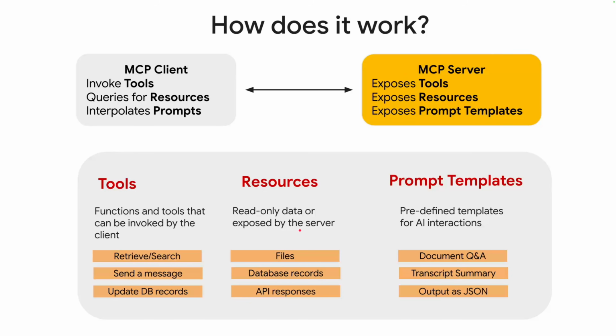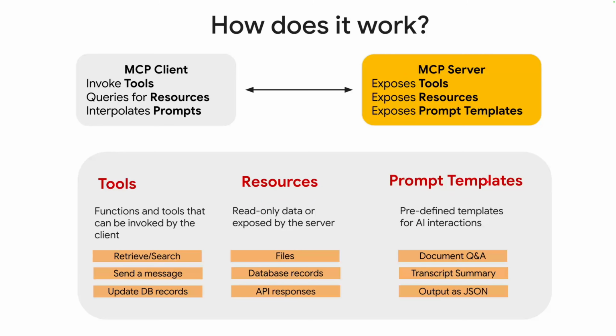After I read the file, my large language model will have the context of what is going on. That is what we call resources. So you can access a file, you can access a database, or you can get a response from an API. Later in the demo, I'll show you in the code what the difference between tools, resources, and prompt looks like.